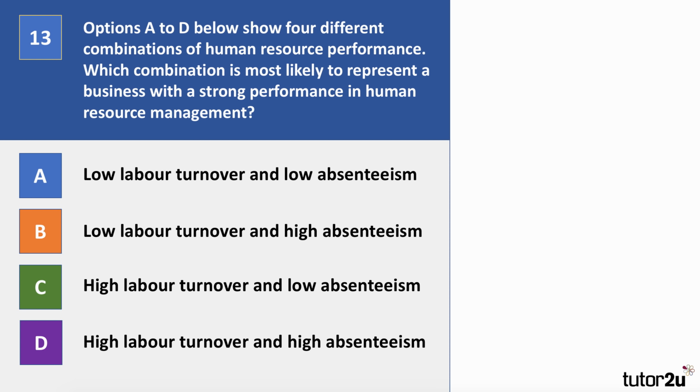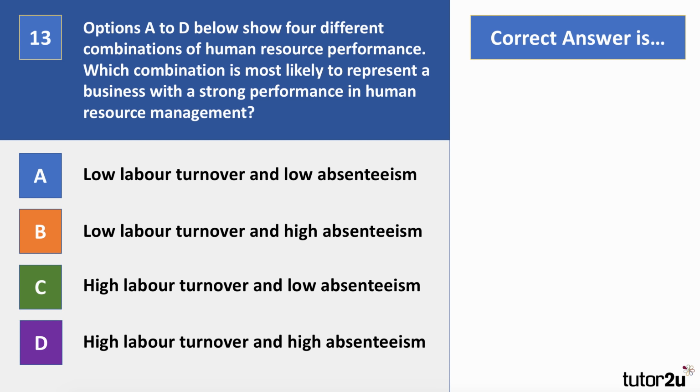In this case, we're being tested on labour turnover and absenteeism, and therefore hopefully you came up with the right answer of A. That's the most likely combination for a business that's performing strongly in terms of how it manages its human resources. Low labour turnover means there is a low percentage of people who leave the business. High labour turnover is associated with a business that has difficulties with HR management.